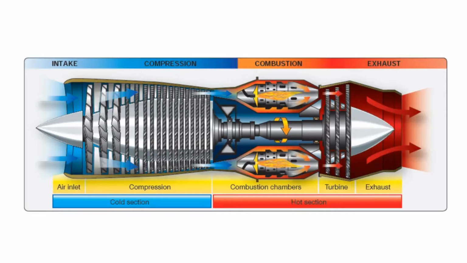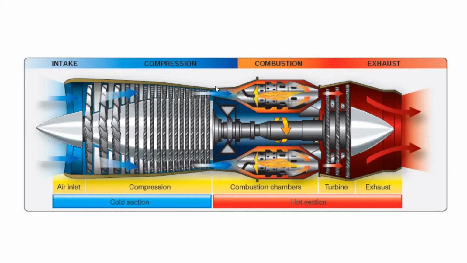These are the various stages: the intake, the compression, combustion and exhaust. And these are the various segments: air inlet, compression, combustion chamber, turbine and exhaust.